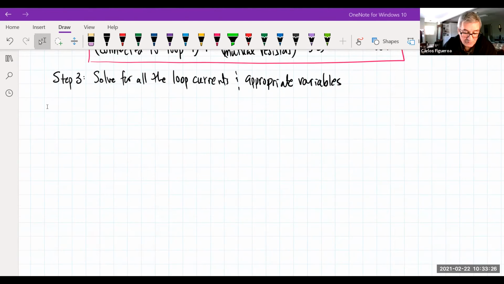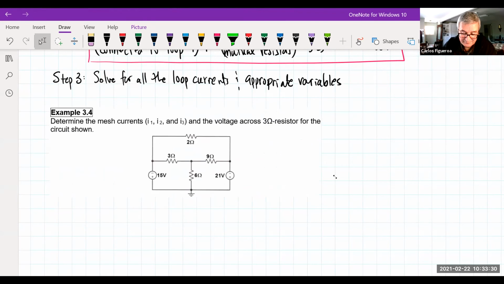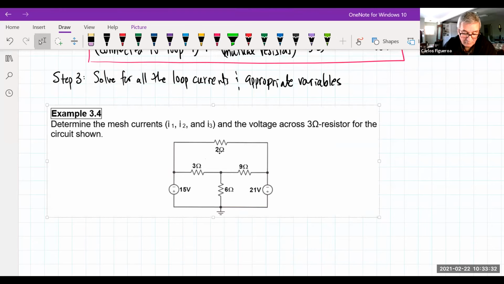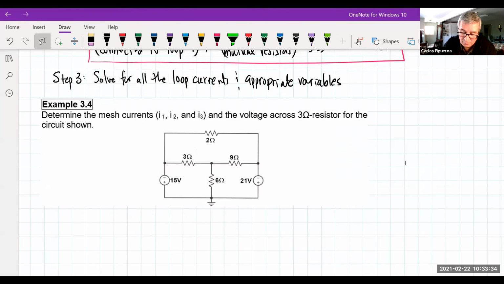So let's go practice on this example right here. There are lots of ways that you could create these loops. In fact, there are 6 possible loops right here. But we want the most obvious loops.